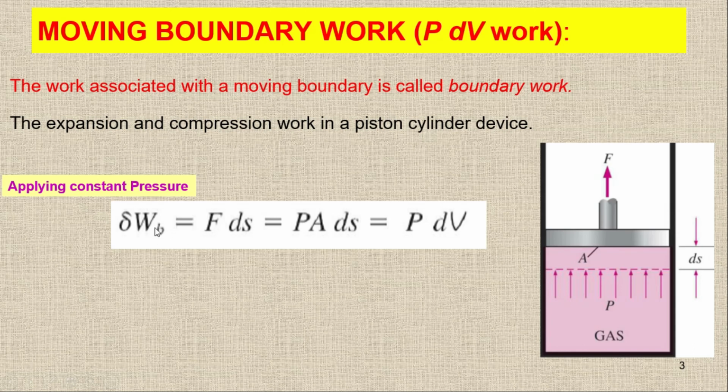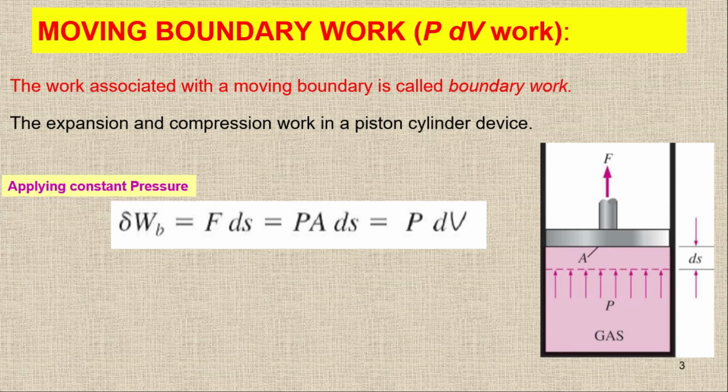I'm writing a B here just to mention that this is boundary work, and this delta sign, or inexact differential, is used to show the change of the work. I am not using d because the work is basically a path function.